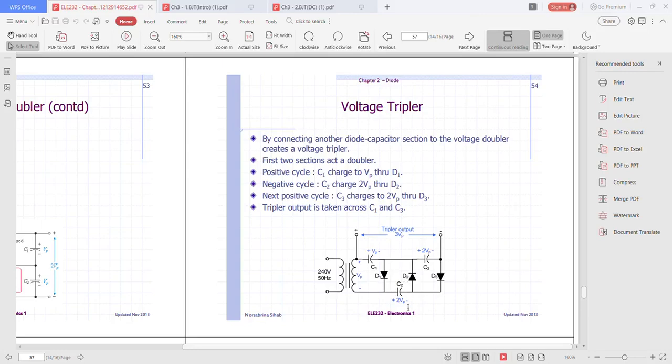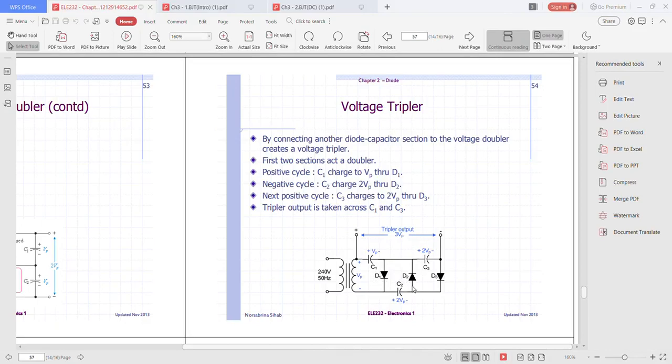So the value of C2 will be equal to 2 Vp, because if you look at the equation involved in this loop, you will get VC2 equal to 2 Vp, yeah? Because this VC1 is actually already charged from the positive cycle.